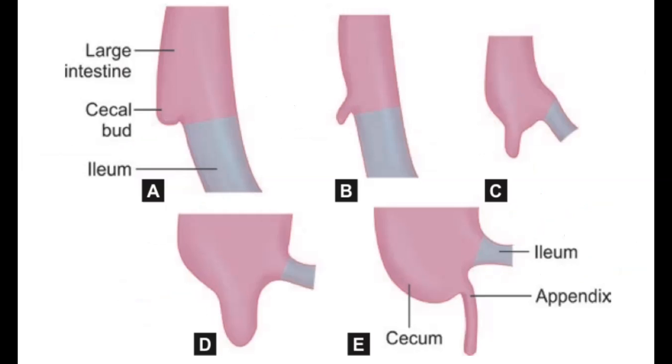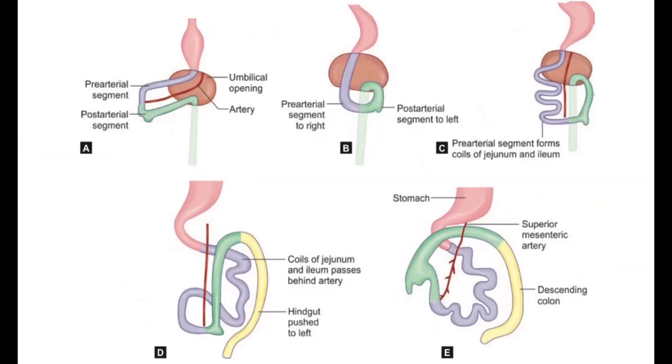This is the cecal bud, right? This is ileum. You see, the cecal bud becoming cecum, okay, and appendix. You see, this is the artery. This one is the pre-arterial segment and this one is the post-arterial segment. What happens is when it herniated, the pre-arterial segment rotates anti-clockwise, okay.